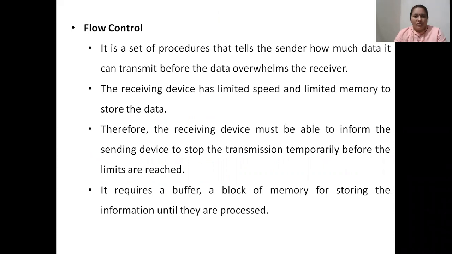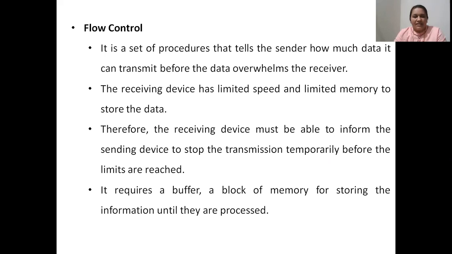As we all know, on a network, data transmission happens between the sender node and the receiver node. The receiver node will have some speed limitations as well as memory limitations. The receiving device can always operate within the constraints of its speed and memory availability.